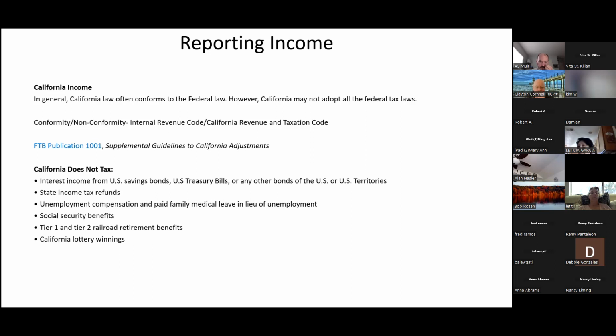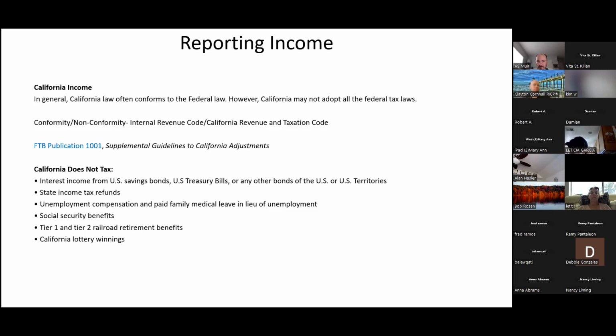And then for California lottery winnings, some people think it's big bucks, and some people think it's a little bit less. If you have someone who's won the California lottery, and there are different names that we're going to talk about, that is not taxed by the state of California, but it is taxed by the federal government. If you win $1 in some type of lottery or gaming or gambling activity, that dollar is reported on your federal return.